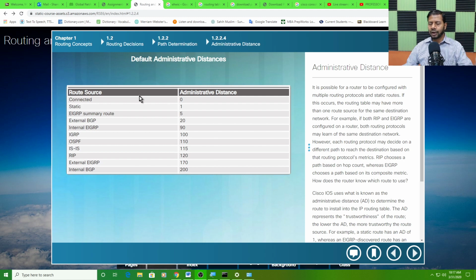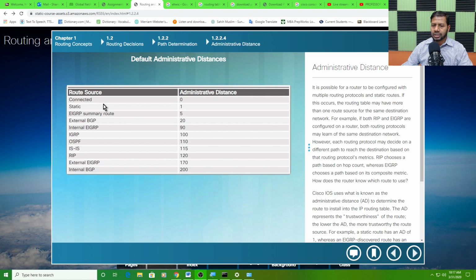It says how this route was learned. And each type of route, depending on how it was learned, whether it was a directly connected route, a manually written route, or learned by some routing protocols, has an administrative distance, a value, its reliability. And that's what we're discussing.